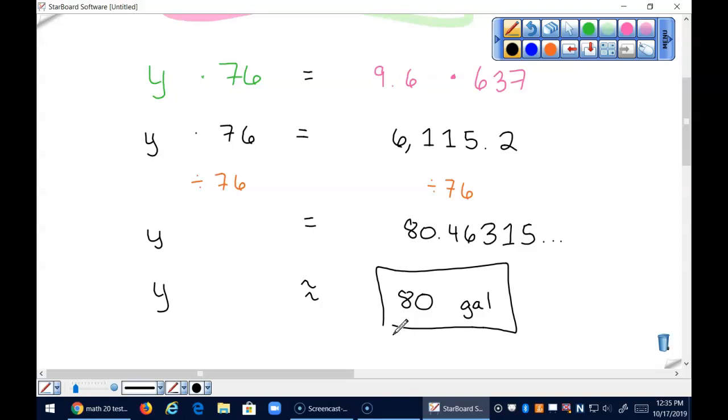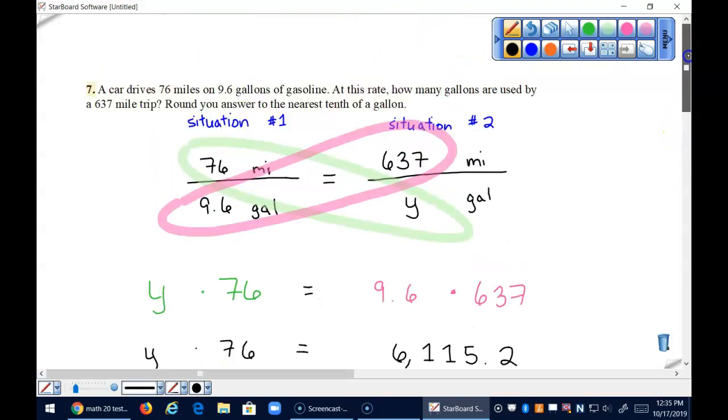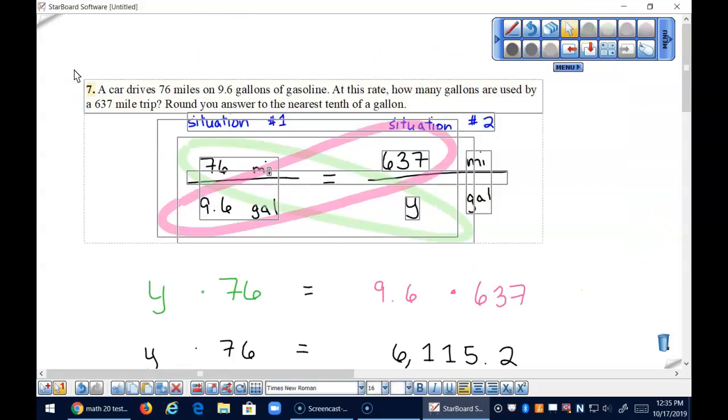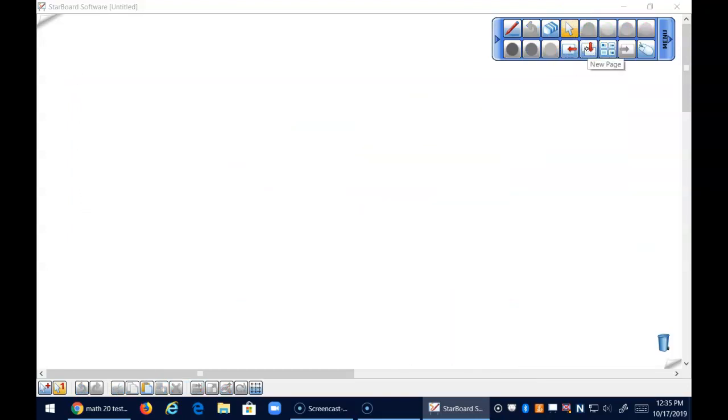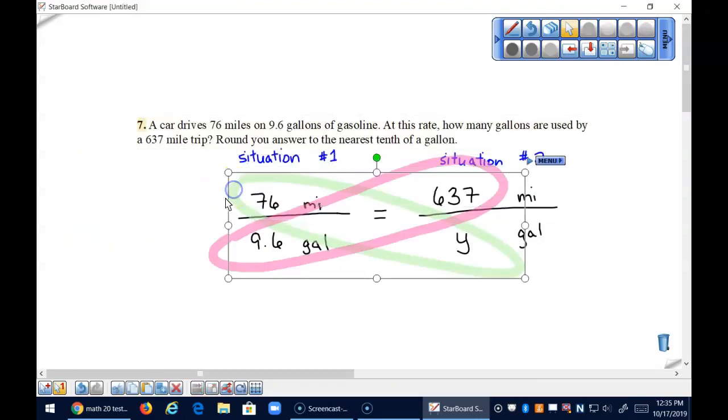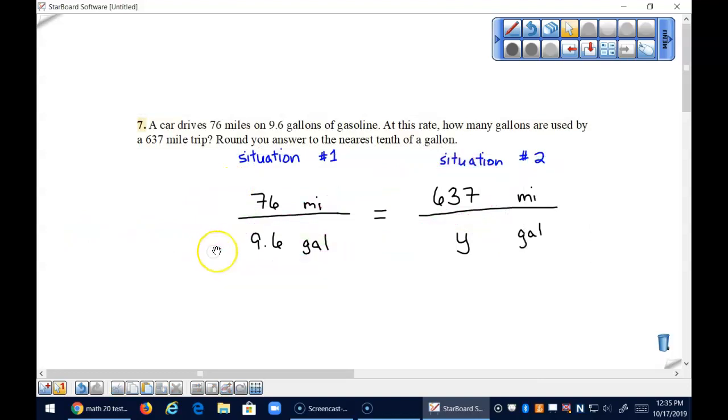Okay, I want to talk more about cross-multiplying, since we happen to do that. There's a shortcut. When you look at this problem, what you want to do is you say, I have a number by itself.